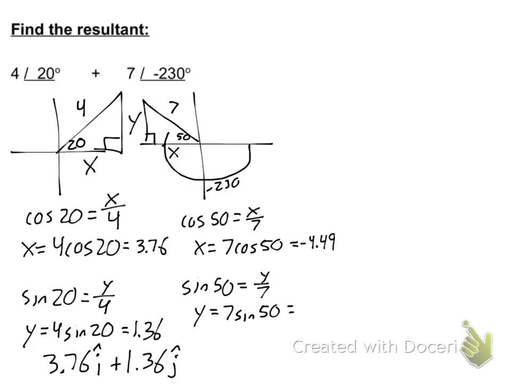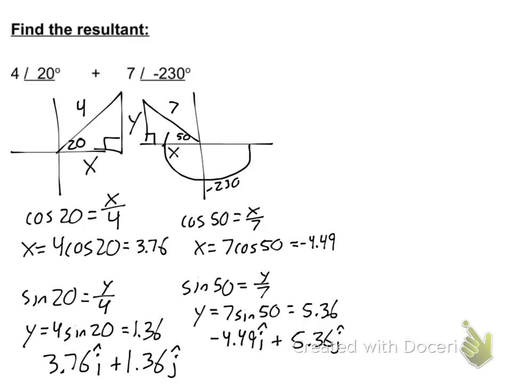And 7 sine 50 is a positive 5.36. So that means a negative 4.49 i hat plus 5.36 j hat. So this is exactly everything separately we've done before, and we looked it up.